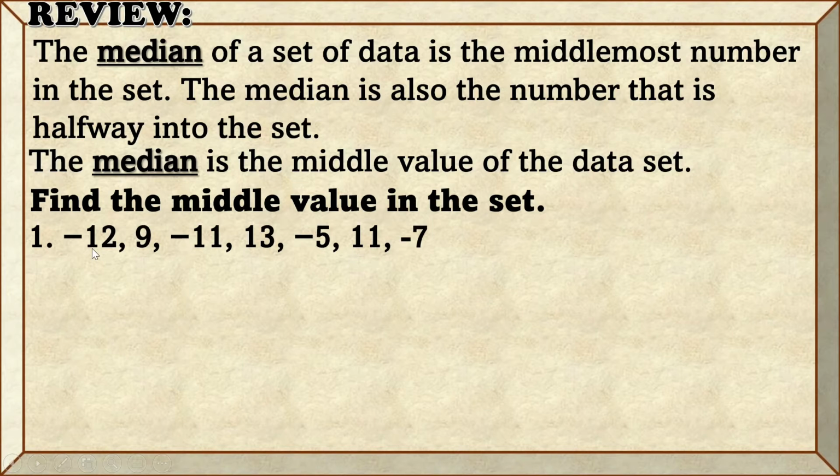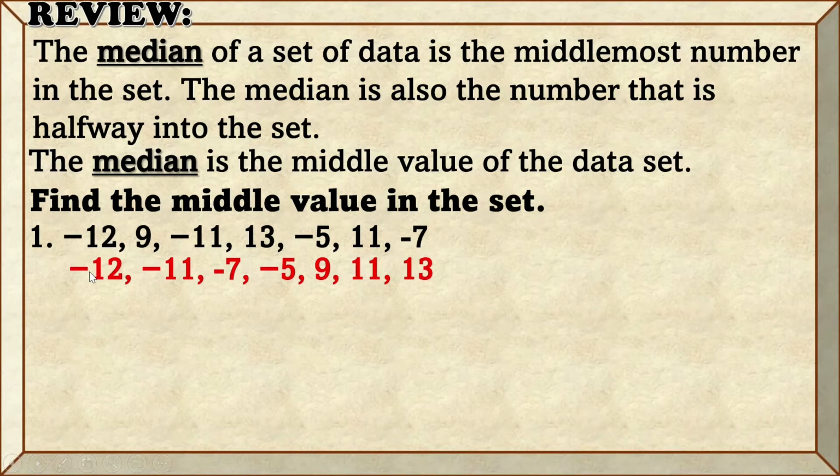First, negative 12, 9, negative 11, 13, negative 5, 11, and negative 7. To find the middle value of the given set, first, arrange the data in ascending order. So, pag sinabi natin ascending order, from lowest to highest. So, we have negative 12, negative 11, negative 7, negative 5, 9, 11, and 13.